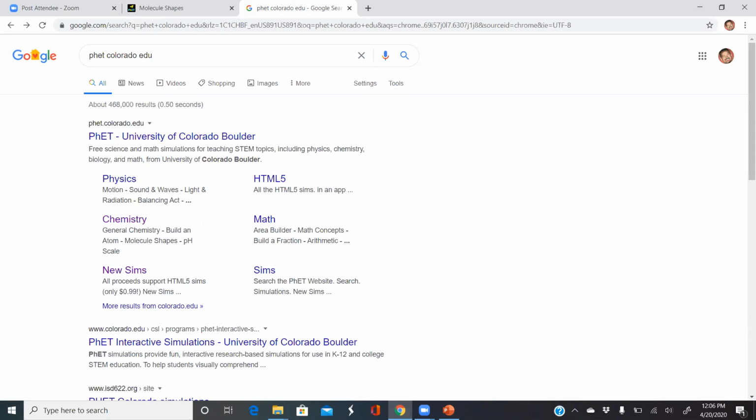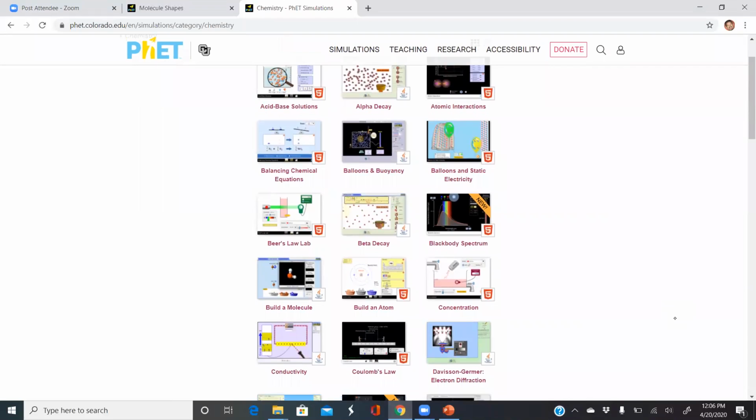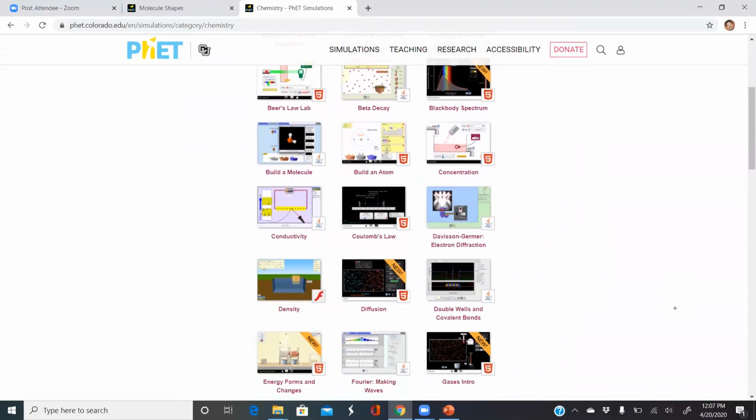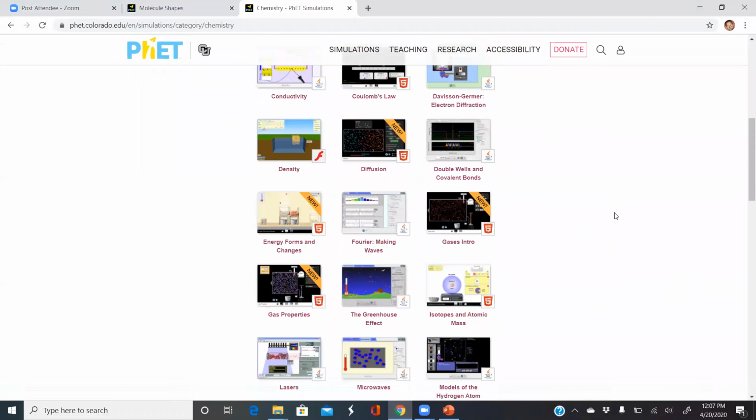Basically, it's a free science simulation, and you can click on chemistry. And when you click on chemistry and you scroll down, you see all these simulations for different things to work on. Now, I like the ones with a 5 because then you don't have to worry about Java or Flash drive. That's up to you guys.